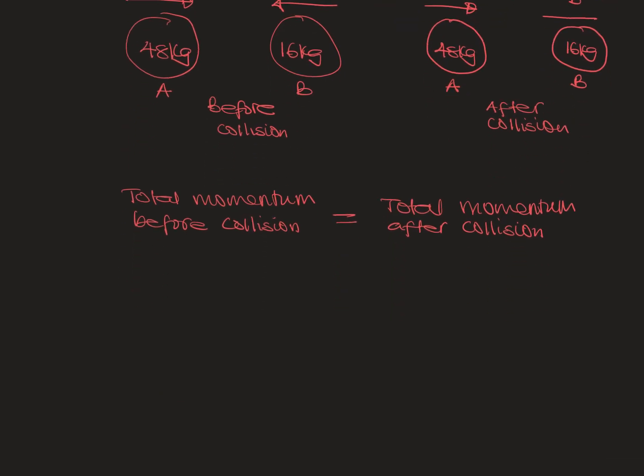So the total momentum before collision will be given by the mass of A multiplied by the initial velocity of A, plus the momentum for B before collision, which will be the mass of B times the initial velocity of B. This must be equal to the final momentum for body A, which is mass of A times final velocity of A, plus the final momentum for body B, which is mass of B times the final velocity of B.